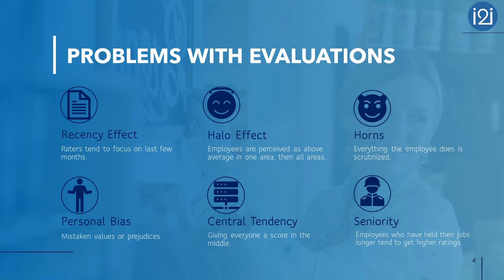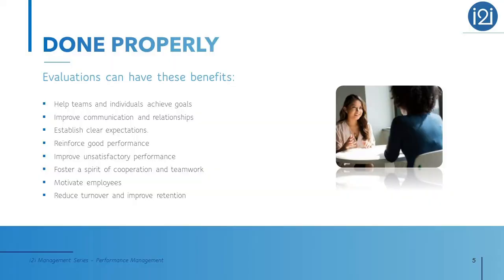Other studies have shown that employees who have held their jobs longer, particularly in management, usually get higher ratings than other employees do. It's important that managers and supervisors take conscious, specific steps to avoid these common problems in writing up their evaluations. With all of these problems, why are performance evaluations an essential component of good management?